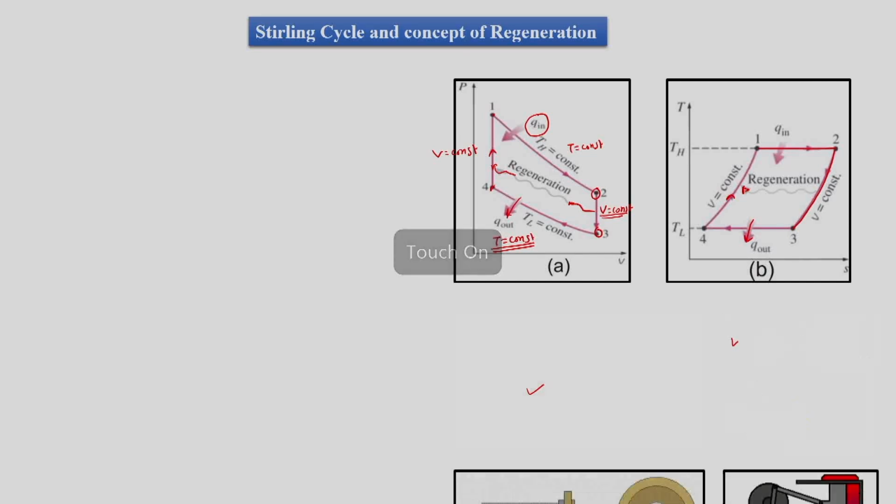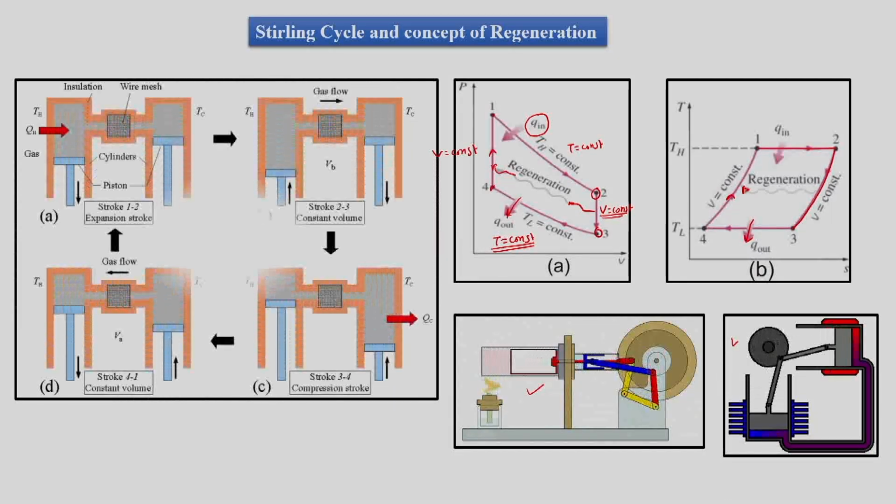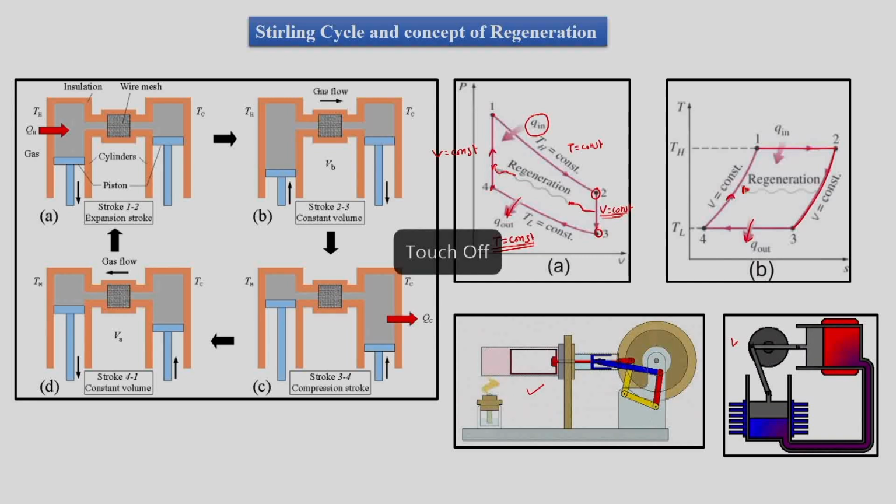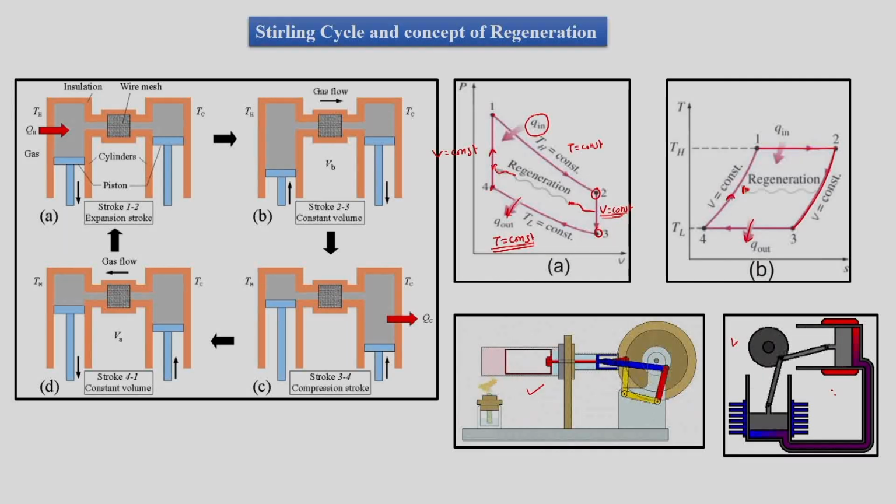We can understand this cycle in a greater manner if we consider a system of 2 cylinder 2 piston like this. Here the 2 piston motion is in phase. They are not moving in the same direction or in the opposite direction, but their motion has a phase difference. So for some time they might move in the same direction, and for other time they might move in opposite direction as well.